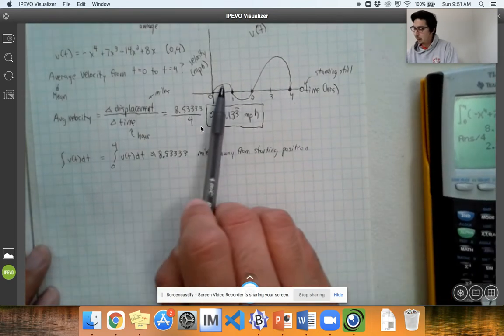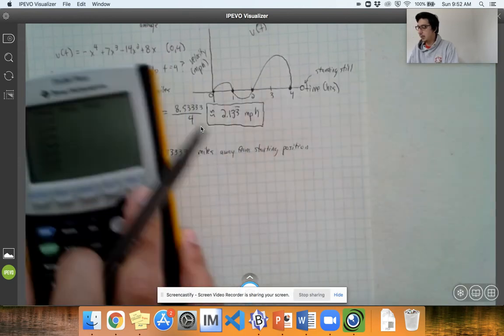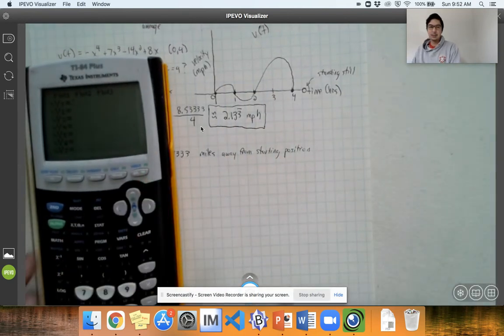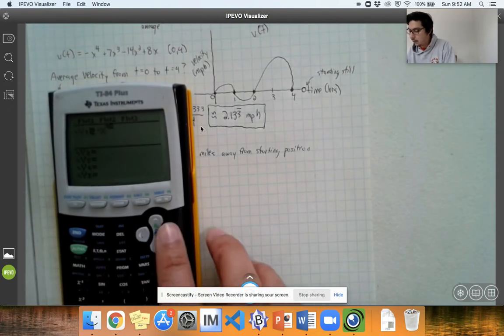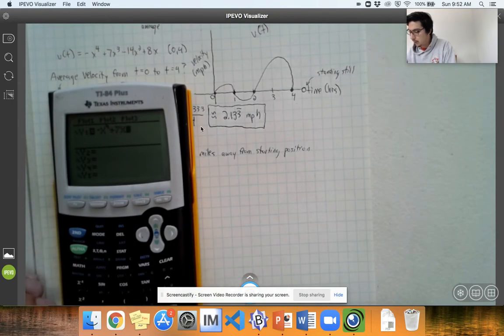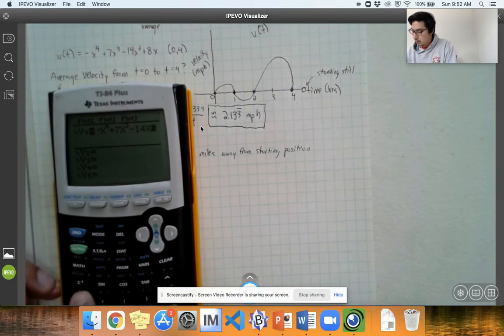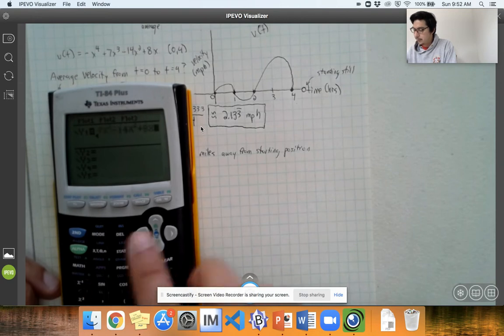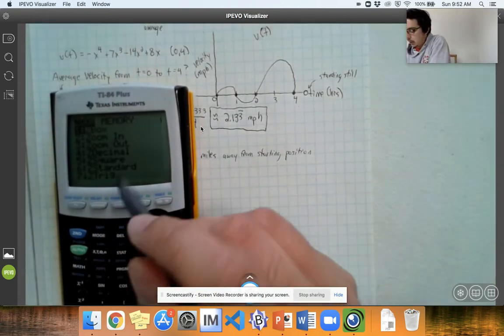Well, what is the high point of this graph? Let me put this in a calculator so we can see this more accurately. So if I put in negative x to the fourth plus 7x to the third minus 14x squared plus 8x. And let's do zoom fit. Zoom 0 is what I hit.